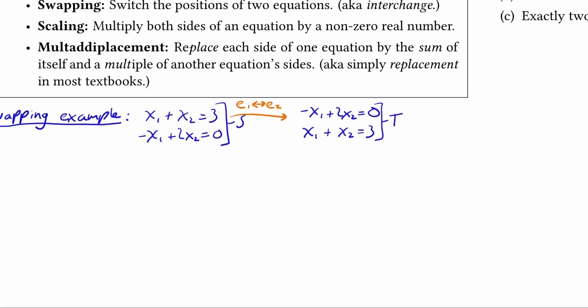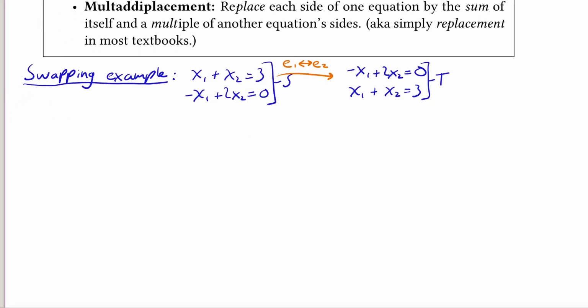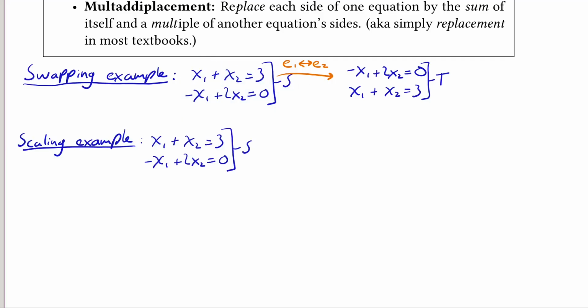Let's look at scaling next with an example. An example of a scaling operation might be multiplying both sides of equation 1 by 7 or something. And that will give us a system that looks like this.